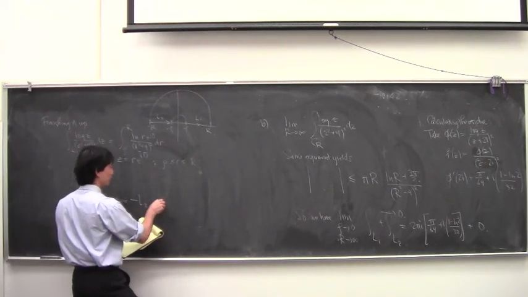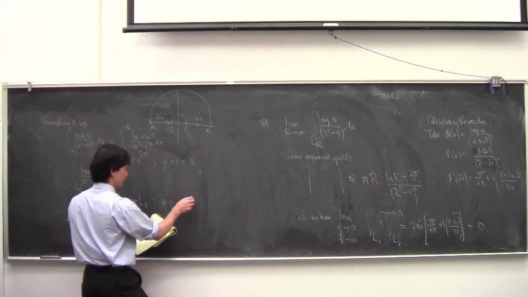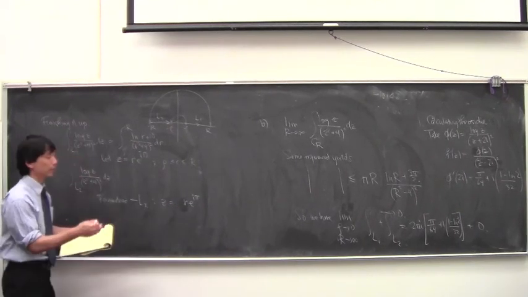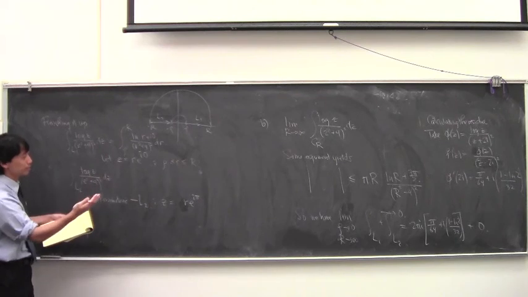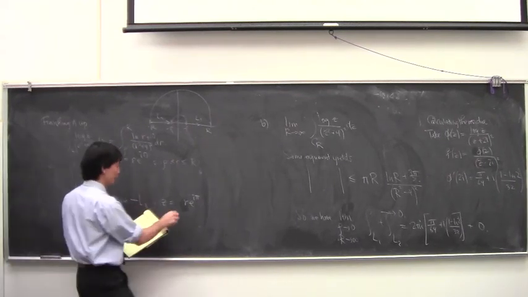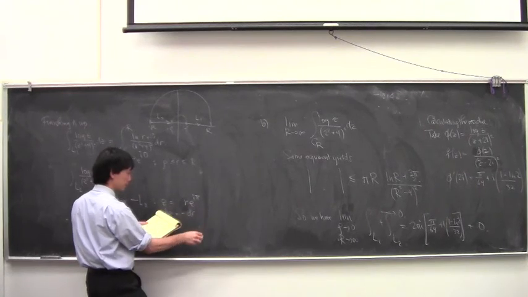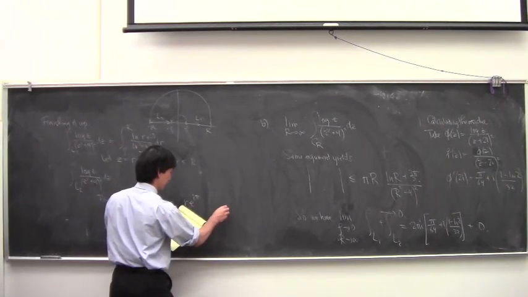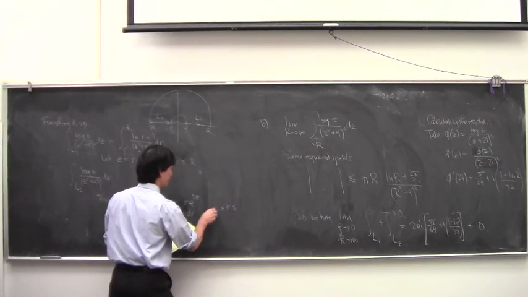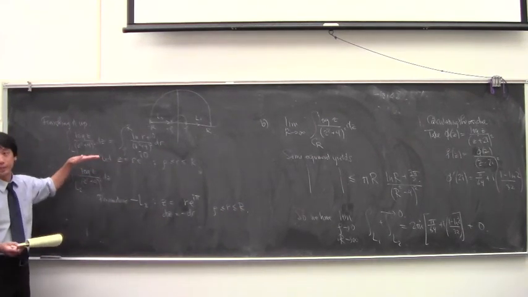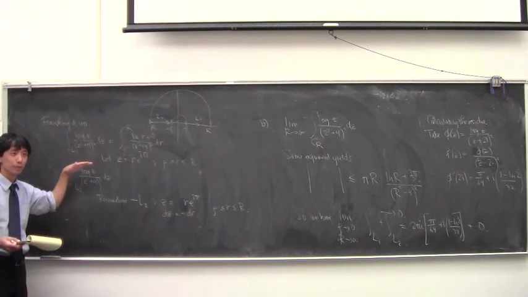So z is then r e to the I pi. R e to the I pi is negative r. dz is negative dr, and r goes from rho to r again. So that's a parameterization of negative L2.